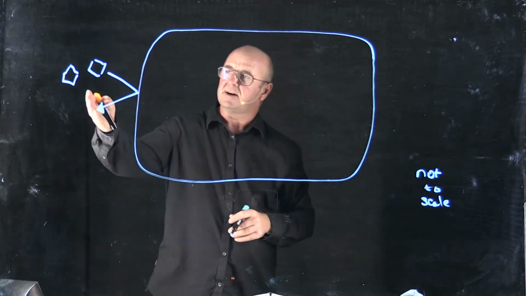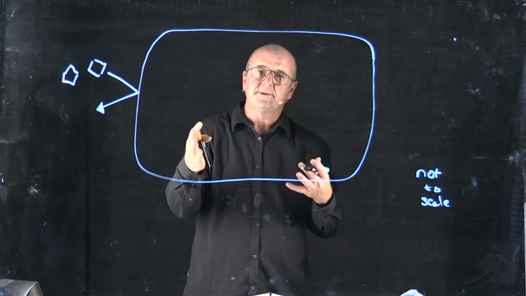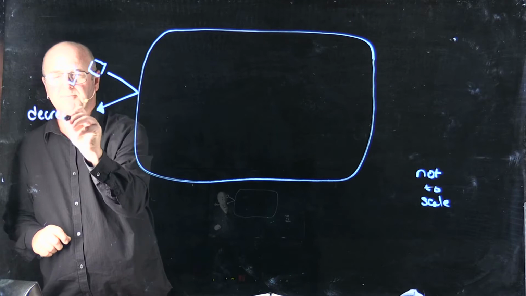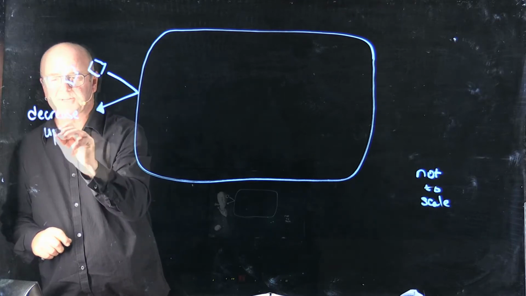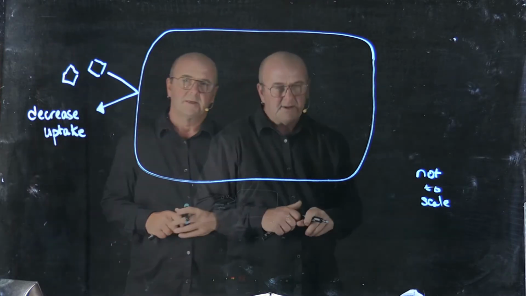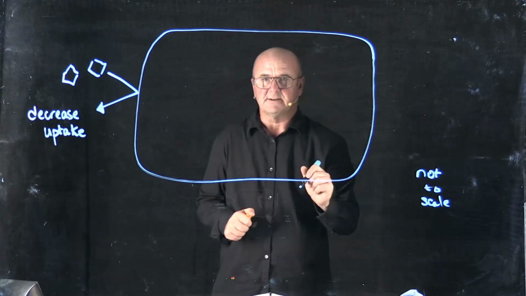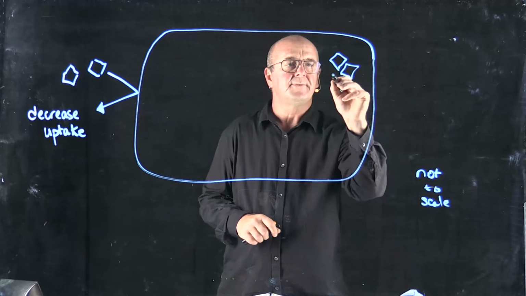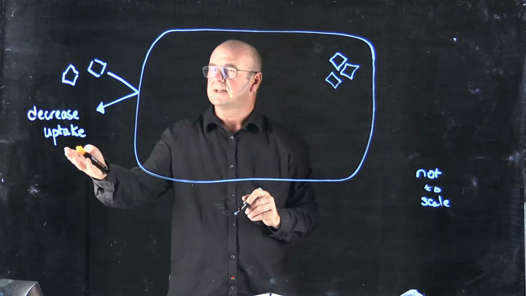If the antibiotic can't get into the cell, it can't do any work. So you can decrease uptake.